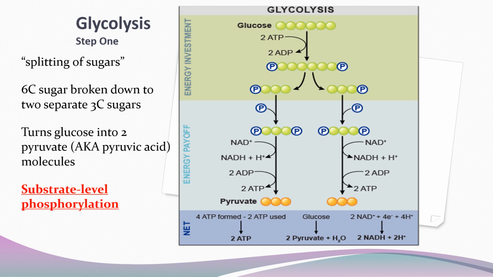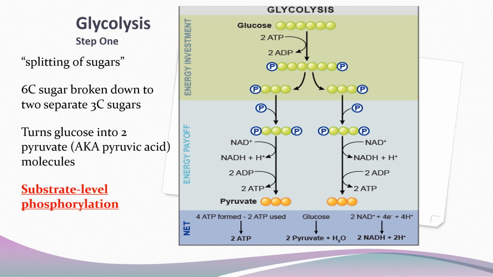We are also going to produce a little bit of energy on this step, 2 ATP molecules, and then 2 electron carriers, 2 NADH. So there are 3 products that we are producing through glucose breaking apart, and we need to take into account all of those things.